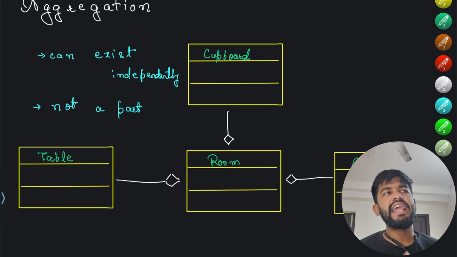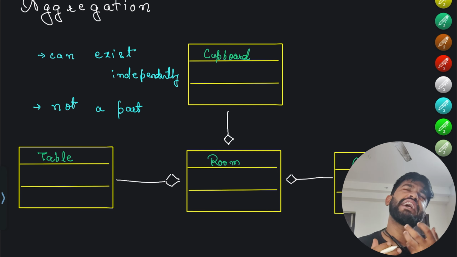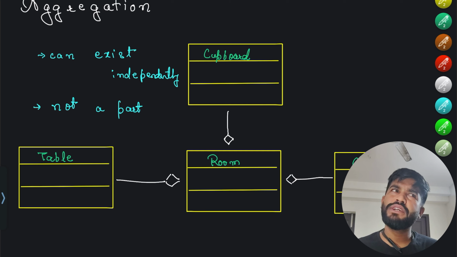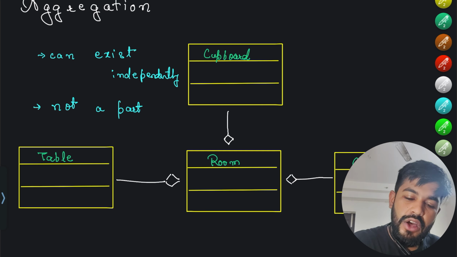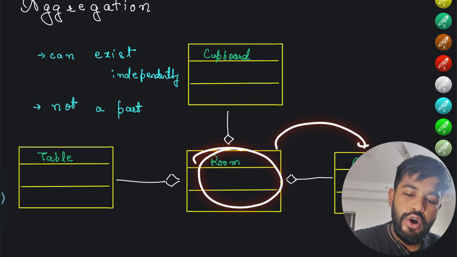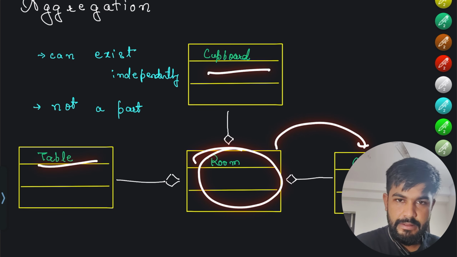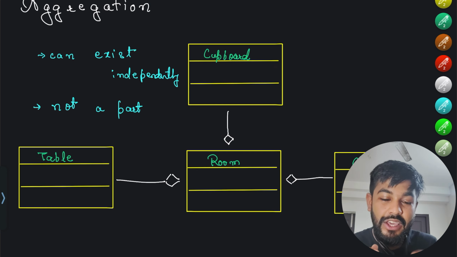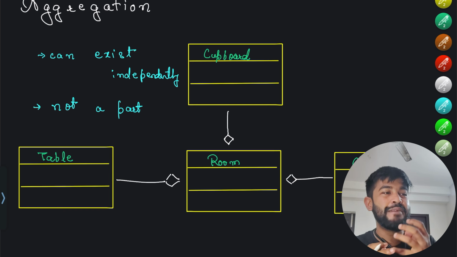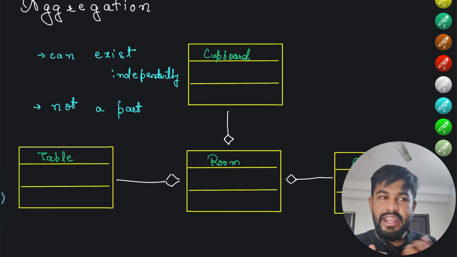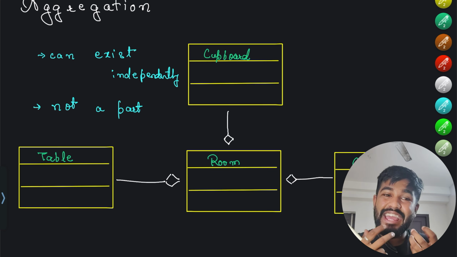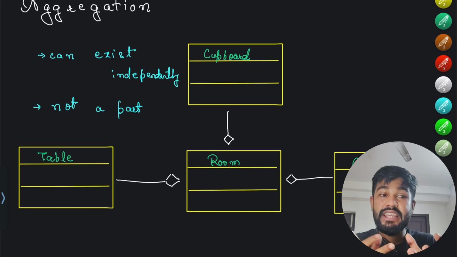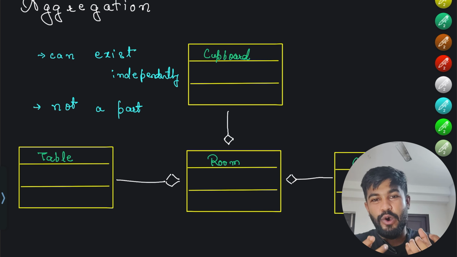Now let's move on to the next form of relationship, which is the aggregation relationship. So what is an aggregation relationship? Aggregation is nothing but an aggregate of something. In the same manner, we can say a room is an aggregate of chair, cupboard and table. But to remember it, you can take it as an example of a healthy relationship. In a healthy relationship, the partners can exist together, but they can exist independently also.